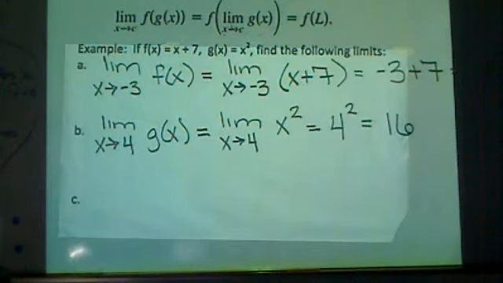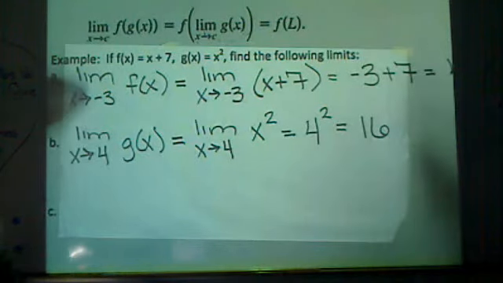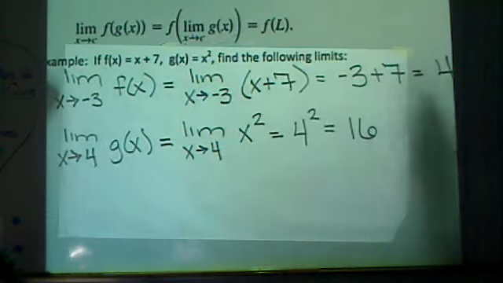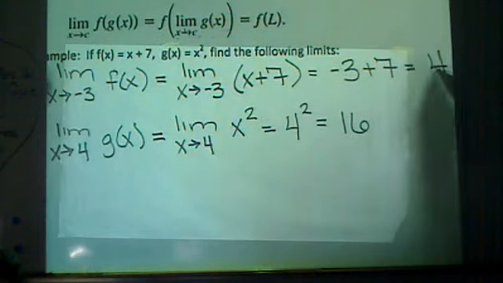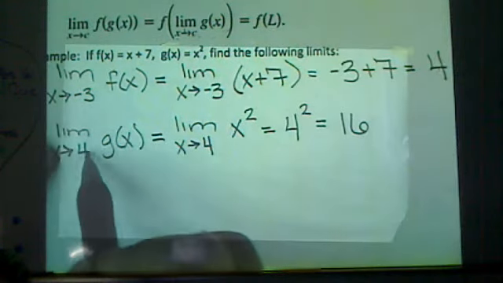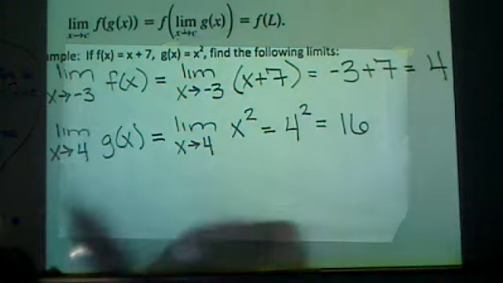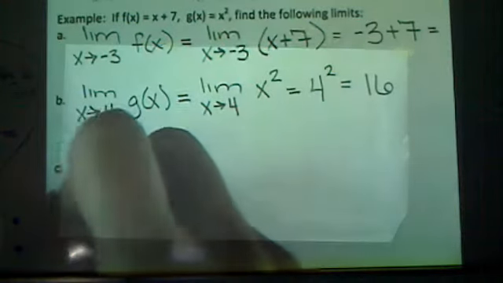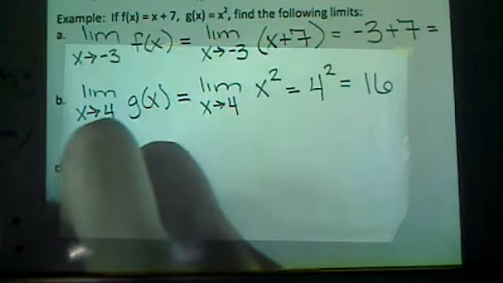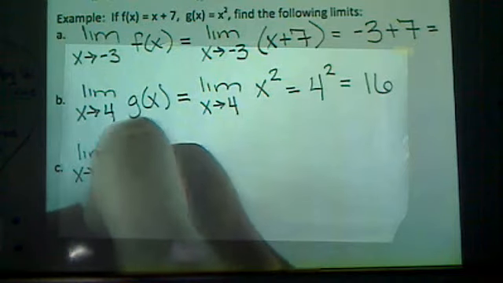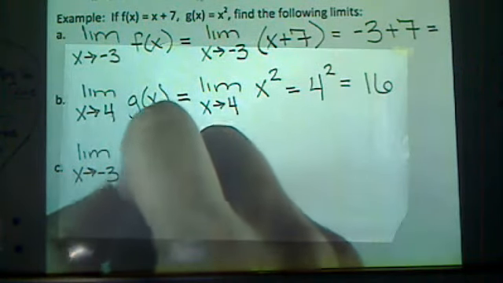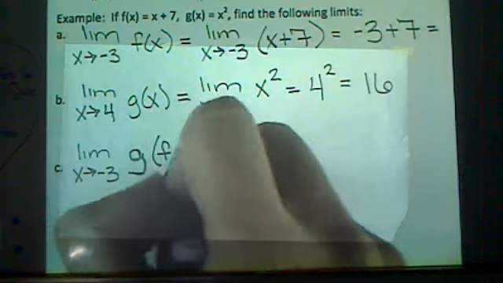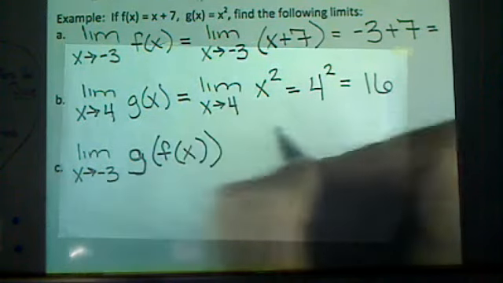There's a reason I split this up into one limit and then another. Notice that the limit here was 4, and then I took this 4 and made it my c value for my second limit. Because now I want you to find the limit as x approaches negative 3 of g of f of x.